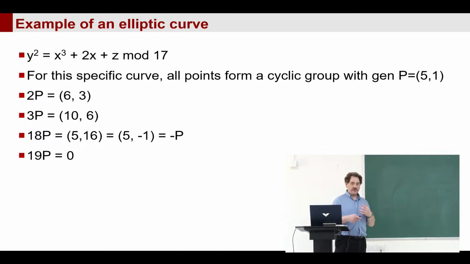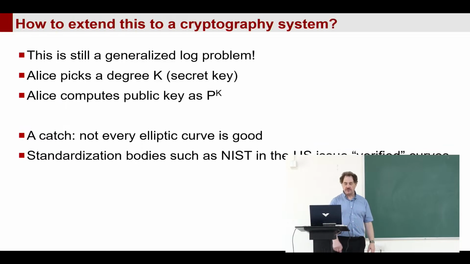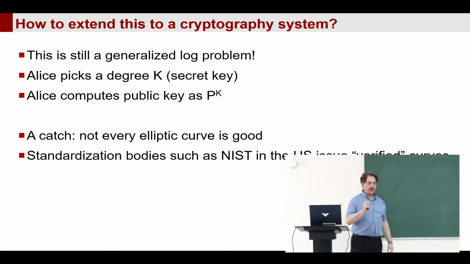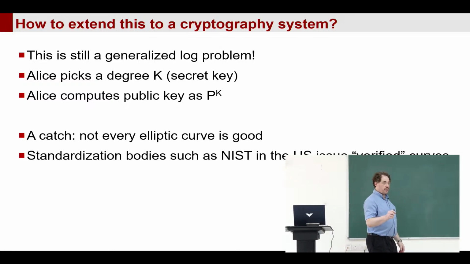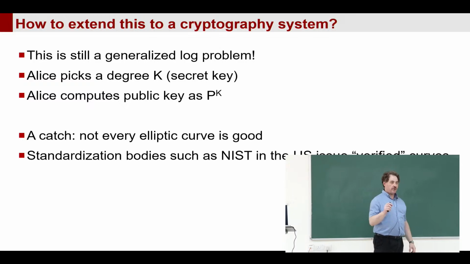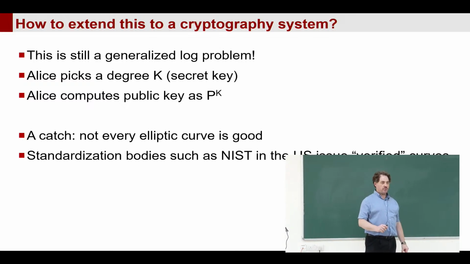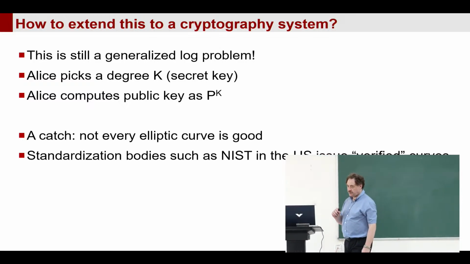Okay, so this is the idea of working with elliptic curves. Now, how can we extend this to a cryptographic system? We are still working with a generalized log problem. However, instead of working with natural numbers, we are now working with elliptic curves to compute the multiplication in the logarithm. How to do it?